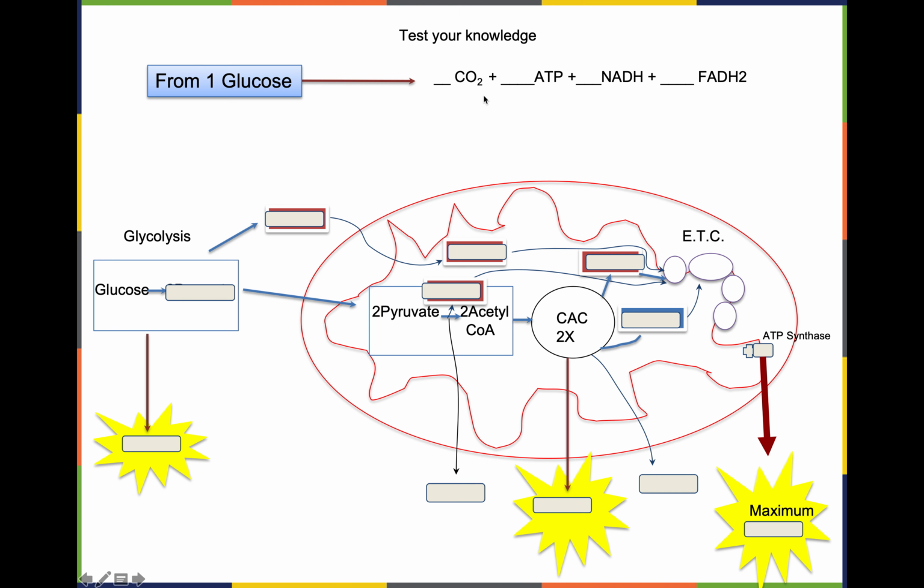Now I have made this here for you to practice at home and test your own knowledge. You can print this out, put it in front of you, and see if you can fill these boxes with the appropriate information. And really, practice is what's going to help you succeed.